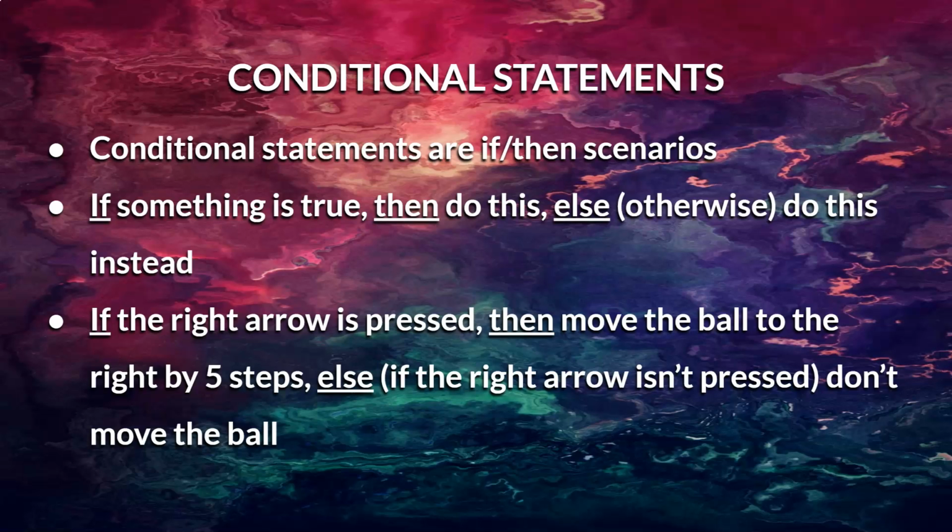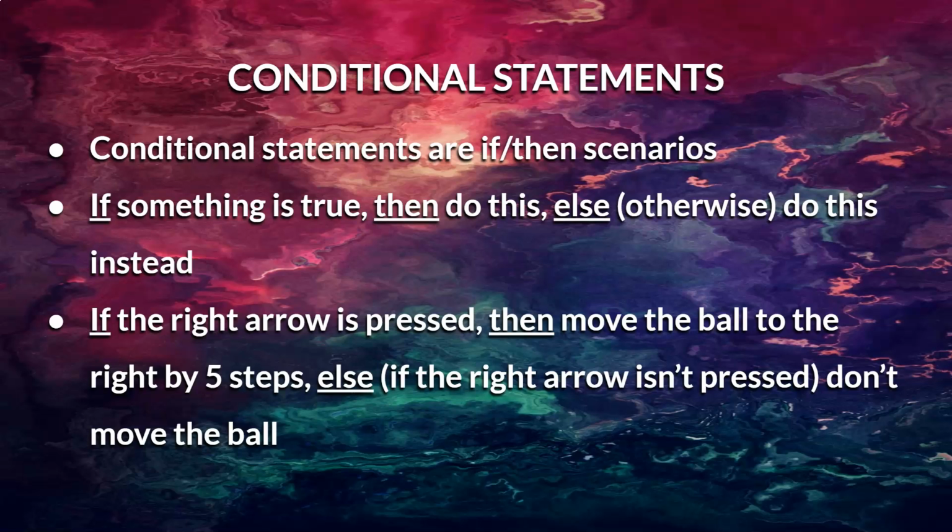So if you have a ball in your game and you want it to move to the right, you'll press your right arrow key. How fast and how far do you want it to move? By 5 steps. Now you don't always have to put in an else statement, because if you have an else statement that basically says don't move the ball, the ball isn't going to move unless that first statement is true anyway.